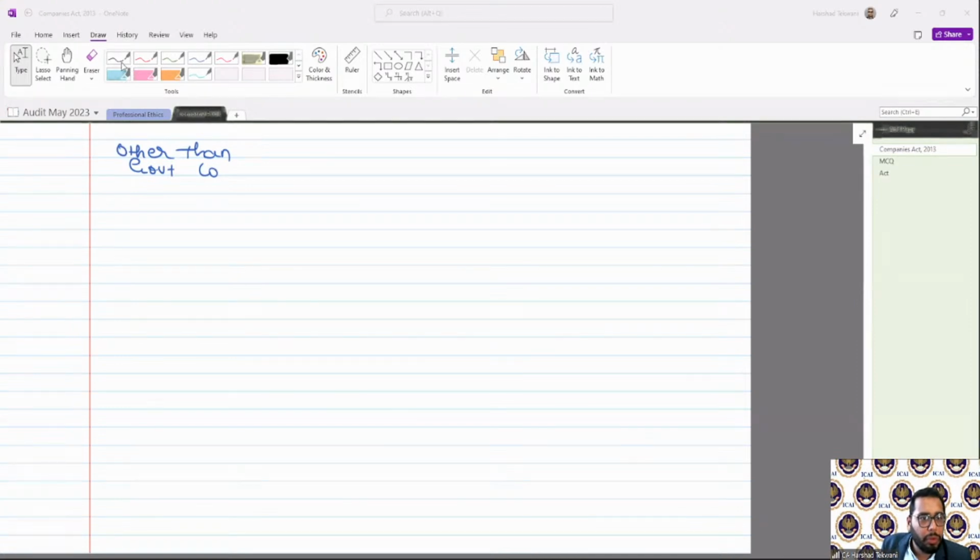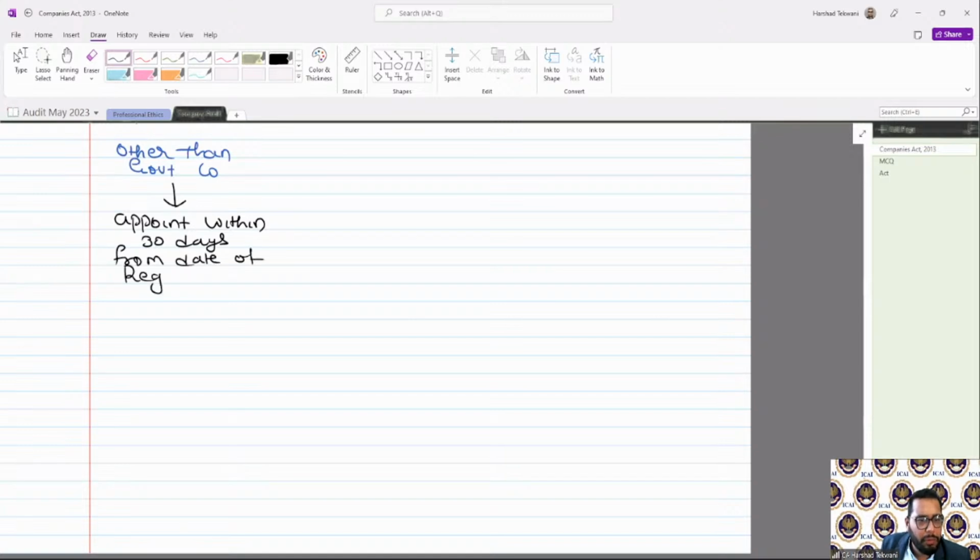So, appoint auditor within 30 days from date of registration by board of directors. In case the board of directors fails to appoint such an auditor, then they shall inform the members of the company that they have failed to appoint, and within 90 days an extraordinary general meeting should be convened.